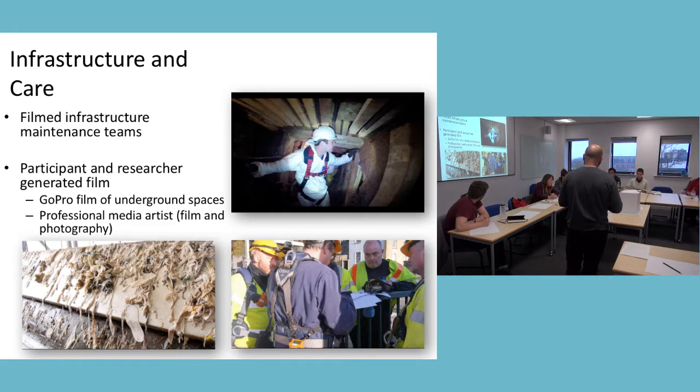What I found useful about using visual imagery in this particular project was that these workers were connected to the city and to people in the city in a very intimate way, but unseen. For example, at one point the guys were working underneath a road in Clifton, and they'd built this tunnel using mining techniques to fix a sewer, and most of the water was turned off in that area.